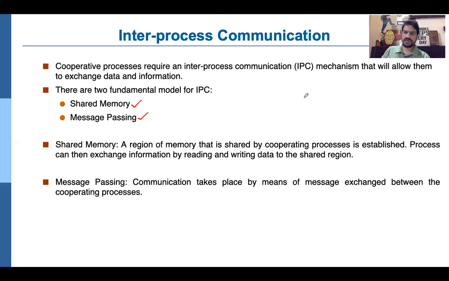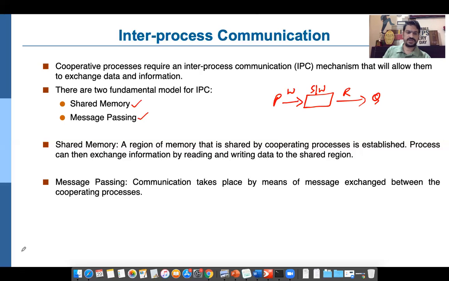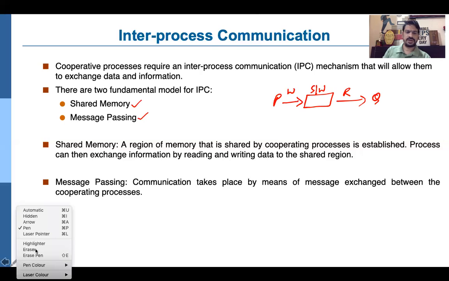As I told you, we have a shared memory. Some process is writing something into the shared memory, and some process is reading from that particular shared memory. So the concept of shared memory is very useful for inter-process communication.